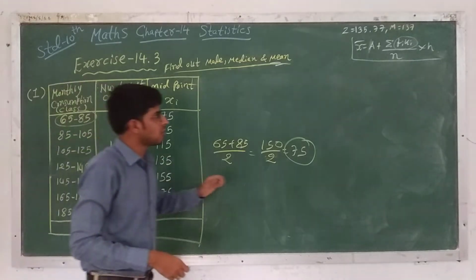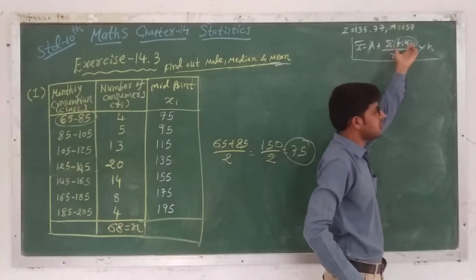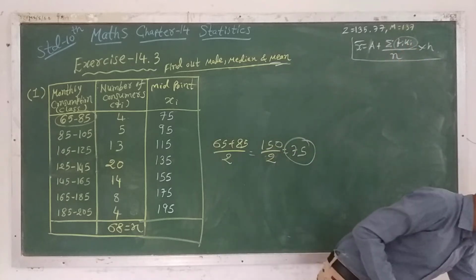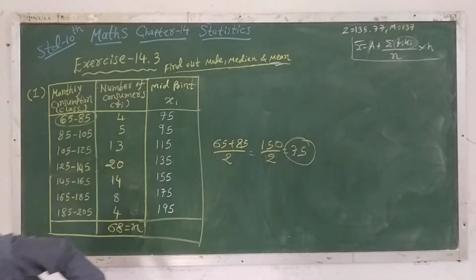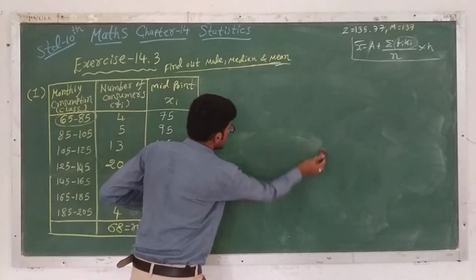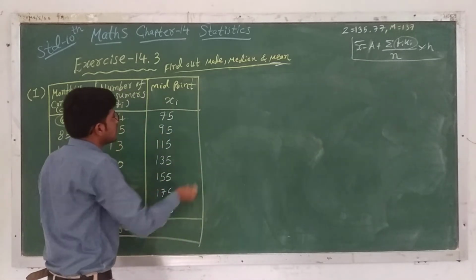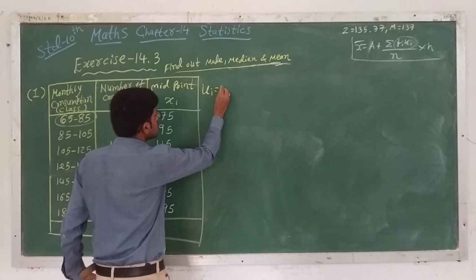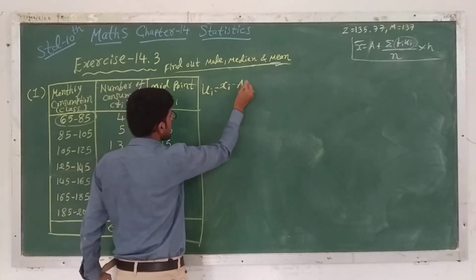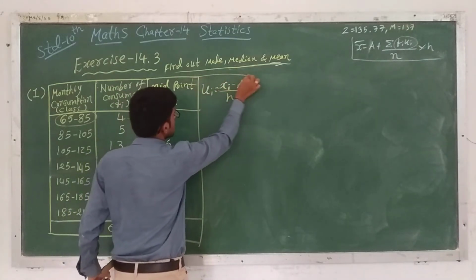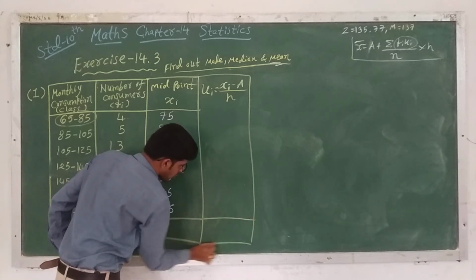Okay, next column is UI, because we have to find out FI/UI. So write down UI. UI is equal to xi minus a divided by h. It is the formula for finding UI.